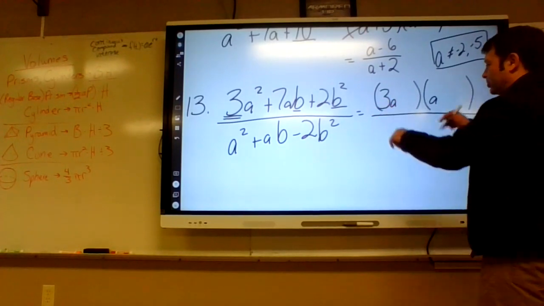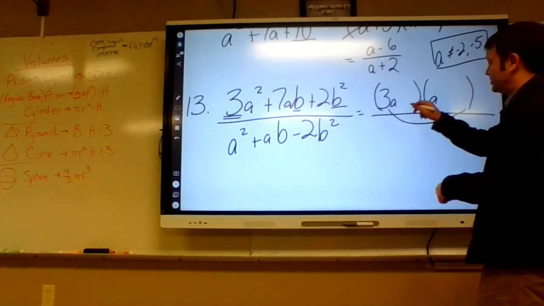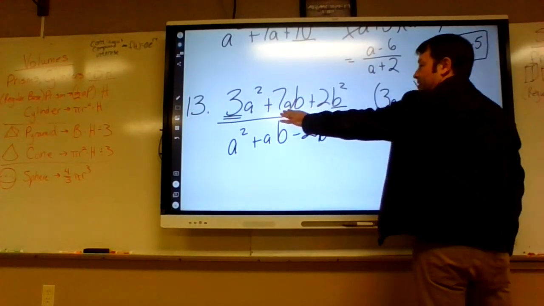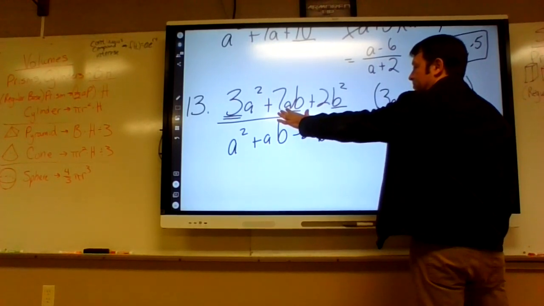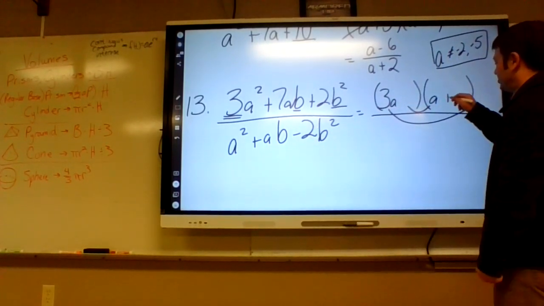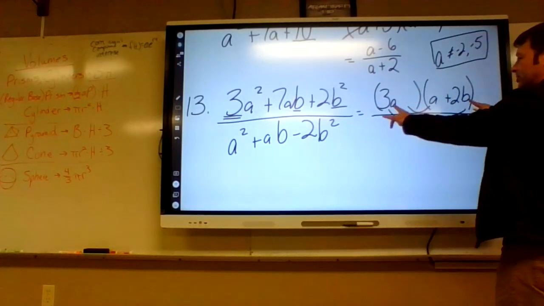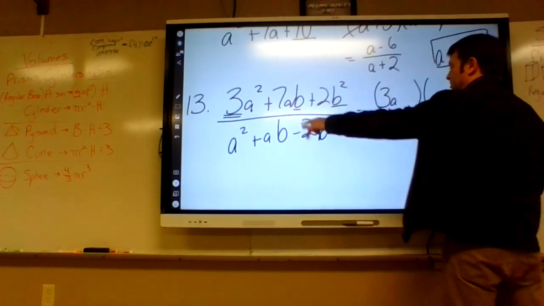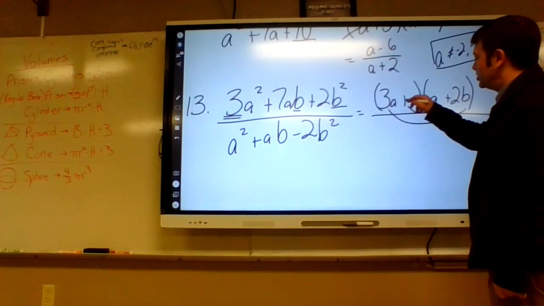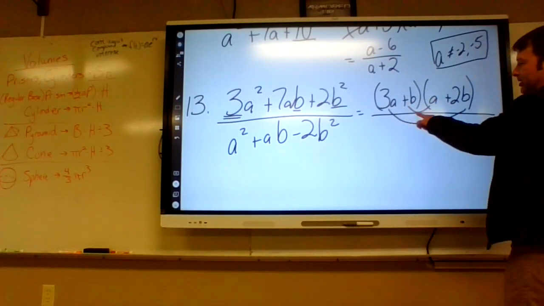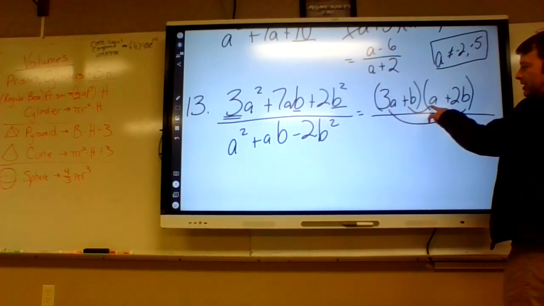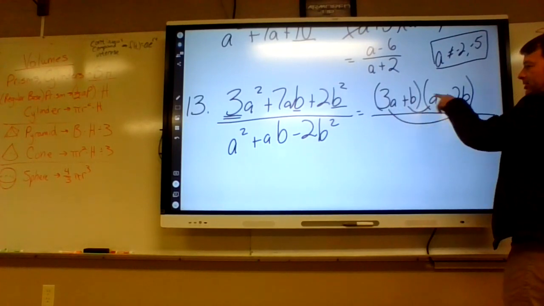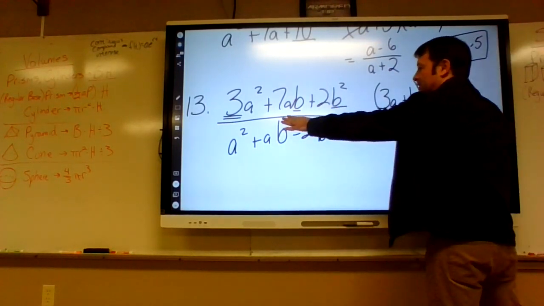Well, when I do the outside inside, I want it to give me this middle term 7ab. If I put my 2b here, what does that outside give me? 6ab. And then if I put my 1b over here, what's the inside give me? 1ab. 6ab plus 1ab is 7ab.